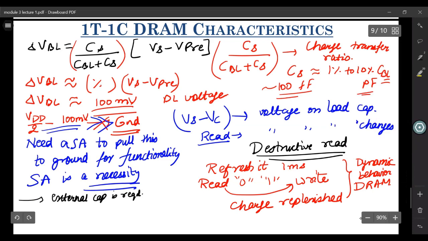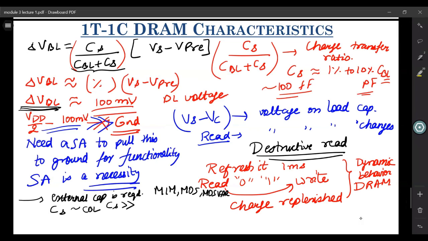If this external cap is monolithically integrated, let's say as a MIM cap or a MOS cap or a MOSFET, anything, then its magnitude is very small compared to your CBL. To have a large change in your VBL, you want this term to be as large as possible. And for that, you want CS to be as close to CBL as possible. You want CS to be as large as possible.